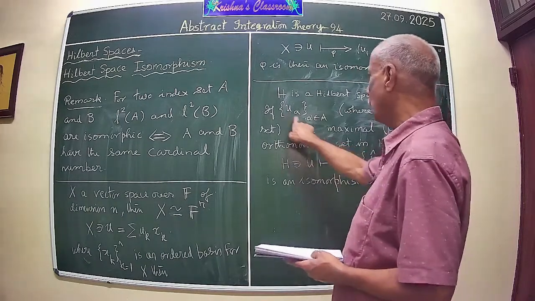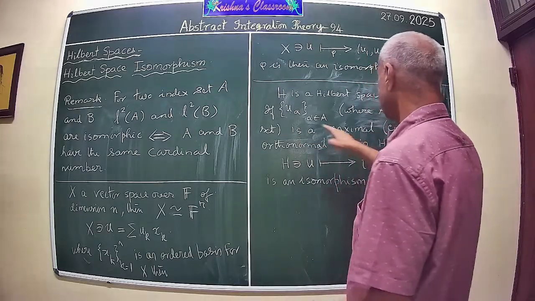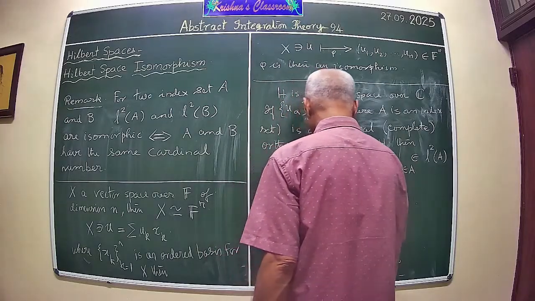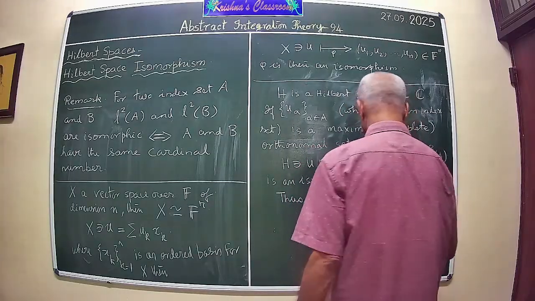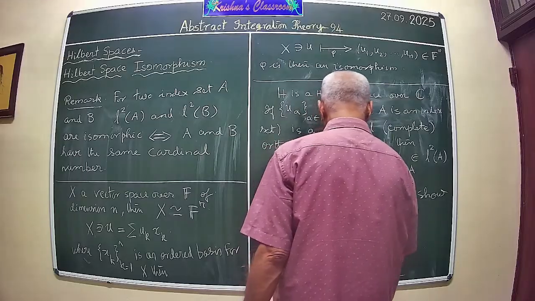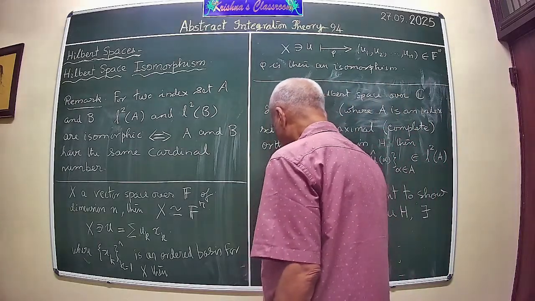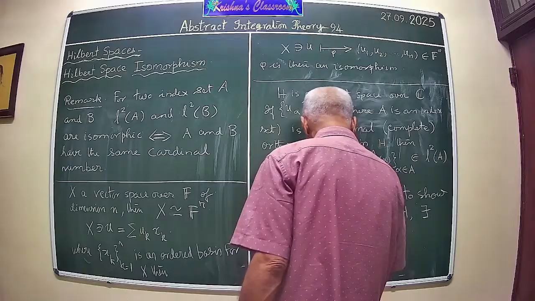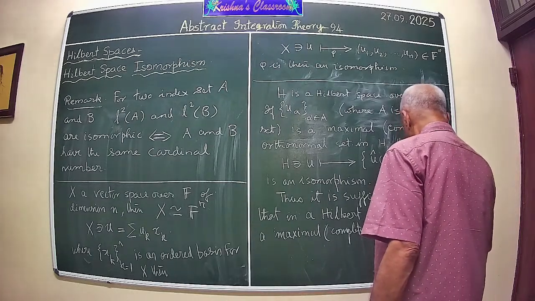That means essentially that there exists such a maximal orthonormal set u alpha, alpha belonging to A. So in every H there exists a maximal, or complete, orthonormal set.